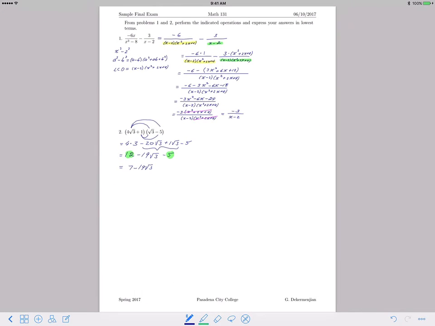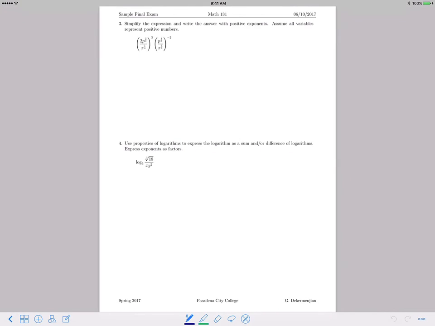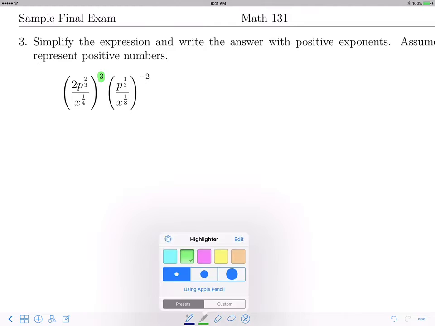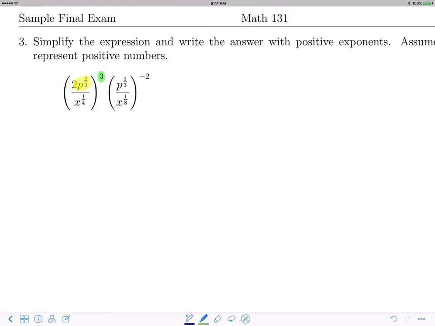So let's take a look at the next page. Here we want to simplify the expression, write the answer with positive exponents, and we can assume all variables represent positive numbers. The first thing we're going to do is use the power rule and the quotient rule to make both the numerator factors and denominator take on an exponent of 3.